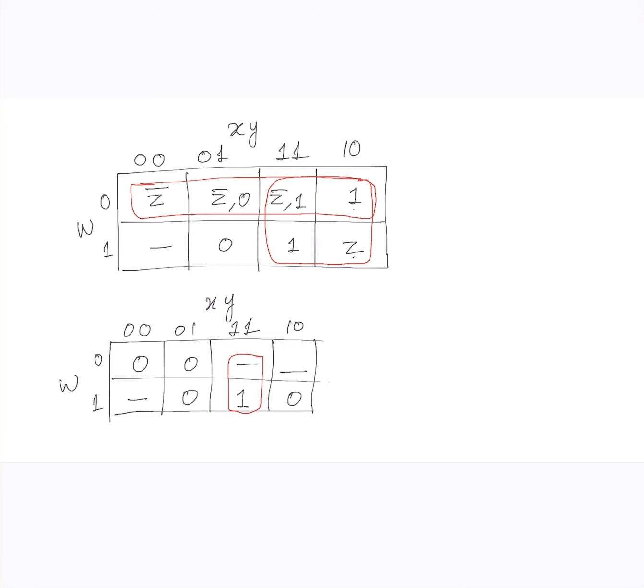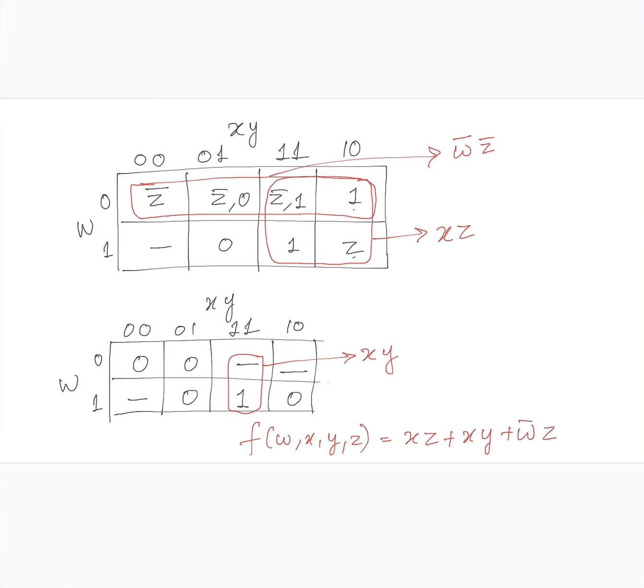This subcube corresponds to x into z, this subcube corresponds to w bar into z bar, and this corresponds to x into y. So the final equation will be f(w, x, y, z) is equal to xz plus xy plus w bar z bar. So this will be the final result.